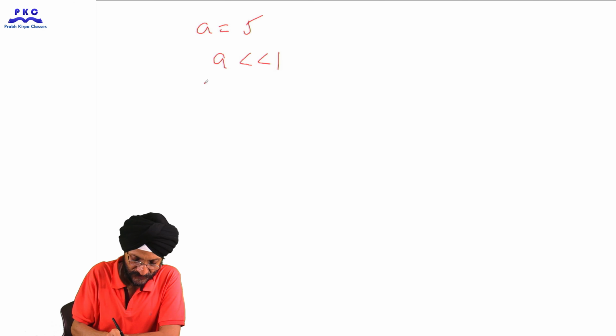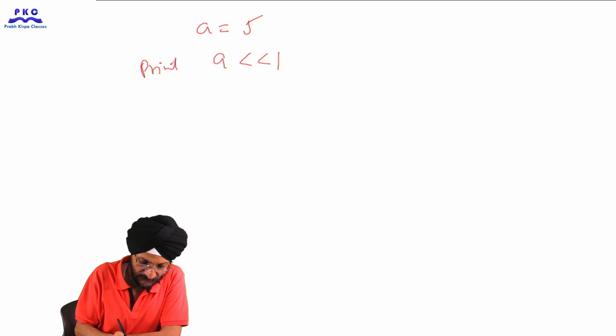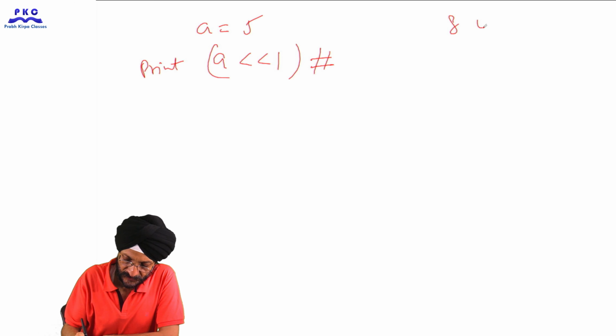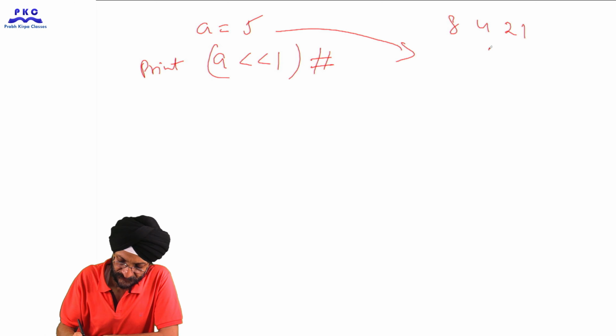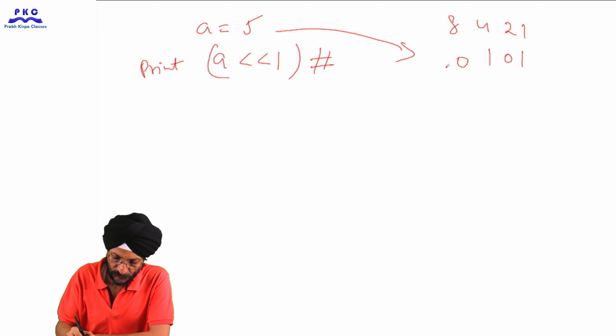Suppose A is 5 and A is to be left shifted by 1. What is the output which we will be getting? First we will convert it into a binary number. So it is 0, 1, 0, 1.